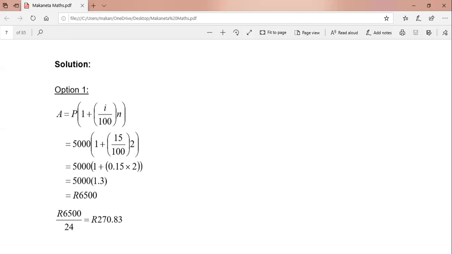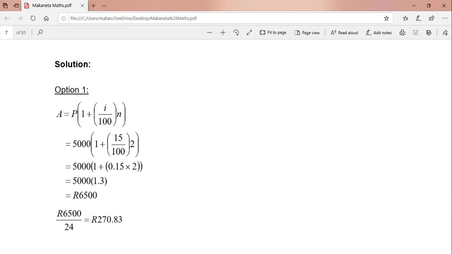Now we know that in option 1, the interest rate there is 15%. And it is for this reason that we divide 15 by 100, as you can see on the screen. And of course, we multiply it by the number of years. In this case, the number of years is 2. And thereafter, you should be able to see that when you divide 15 by 100, you get 0.15.